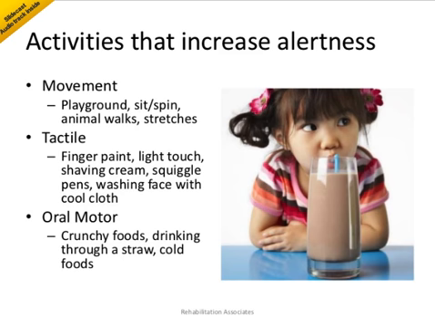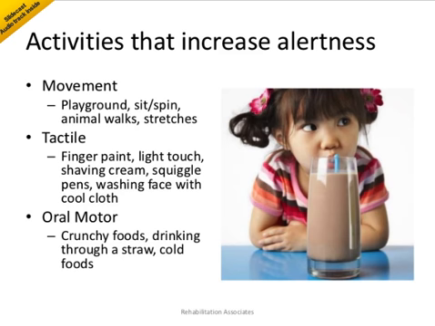I'm going to use playground activities, sit and spin, animal walks, and yoga stretches. I might use some tactile kinds of things. So light touch and finger paint will increase a child's alertness level. I'm going to use crunchy foods, or drinking through a straw, or a cold drink, or a cold washcloth on the face is going to increase the alertness level.